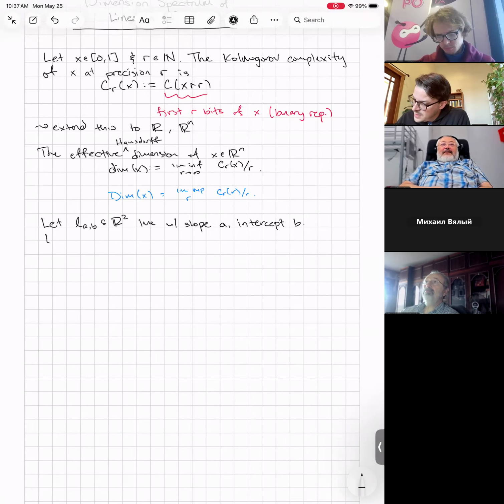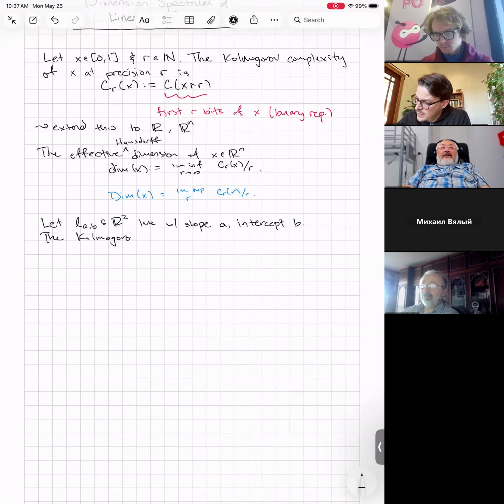The Kolmogorov complexity of the line at precision r is just the Kolmogorov complexity of the pair (a, b).